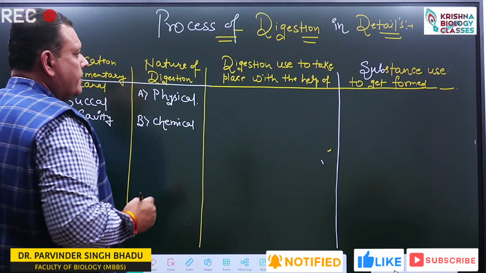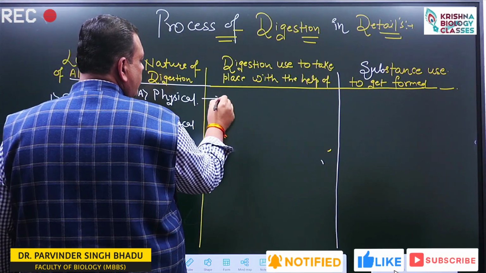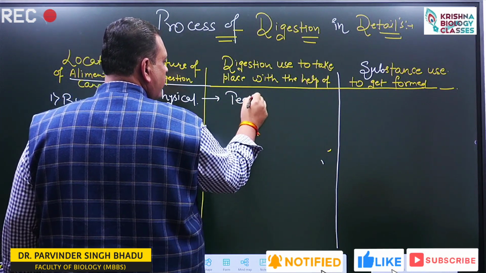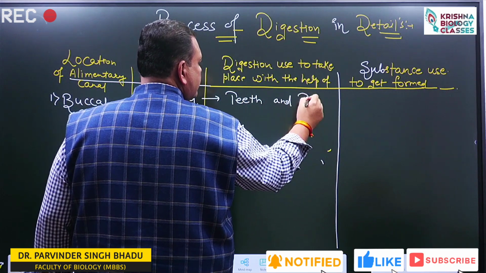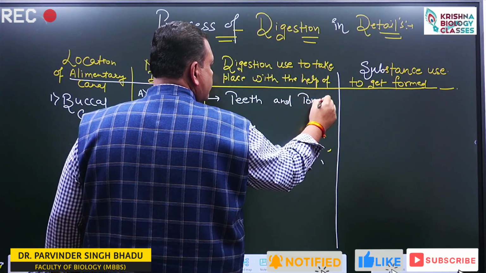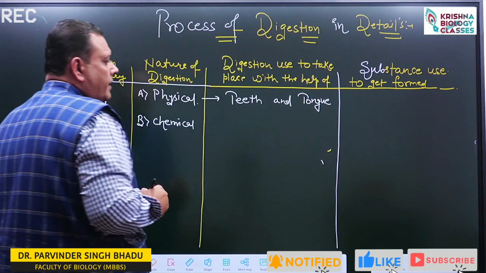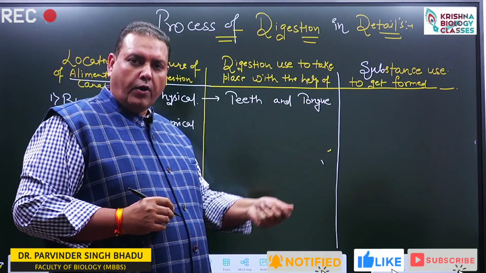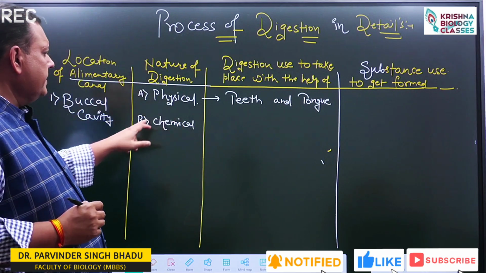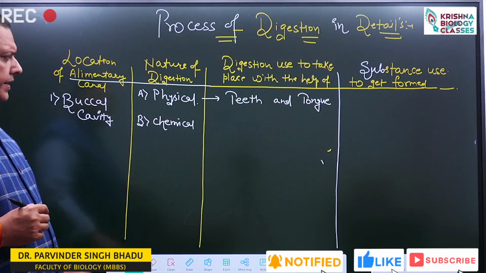Physical digestion takes place with the help of teeth and tongue, and it forms the powdered form in which saliva gets mixed up.